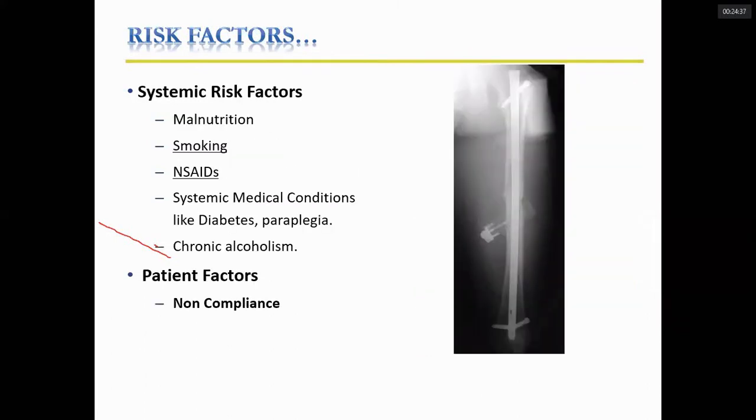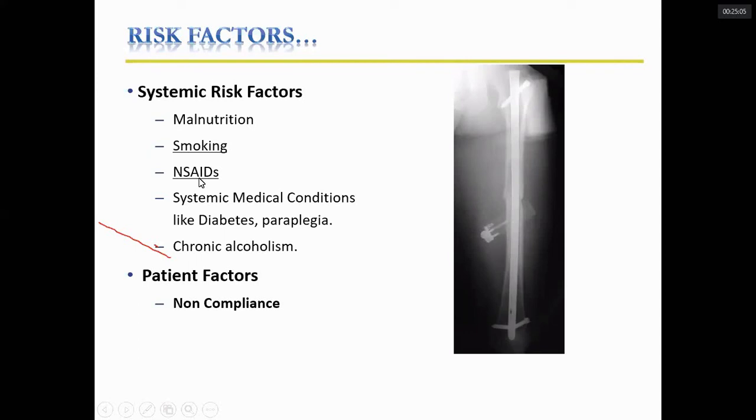Systemic factors can be malnutrition, smoking, NSAIDs, diabetes, paraplegia, chronic alcoholism, and patient non-compliance. So remember the four R's of fracture treatment. We recognize the fracture, we reduce it, we retain it, we rehab the patient. So if the person is not doing proper rehabilitation, again the person can land into non-union. I have underlined smoking and use of analgesics.